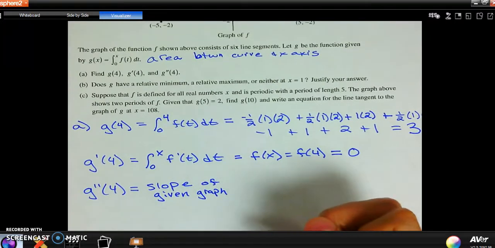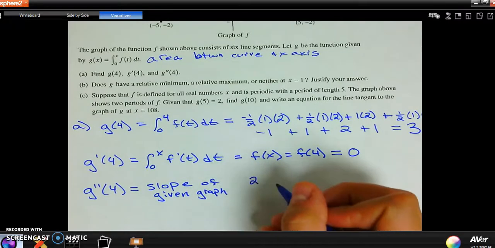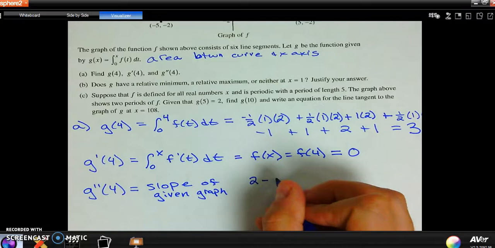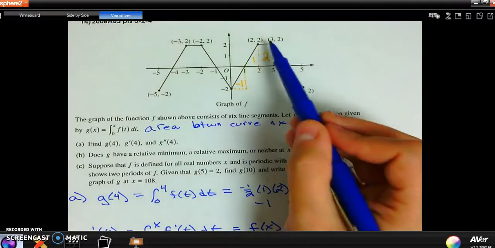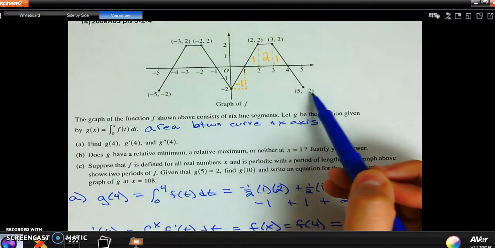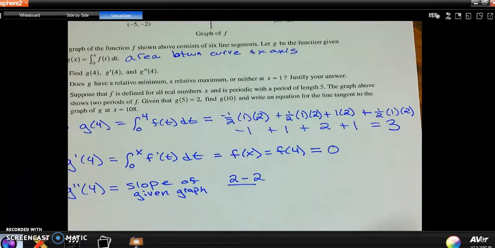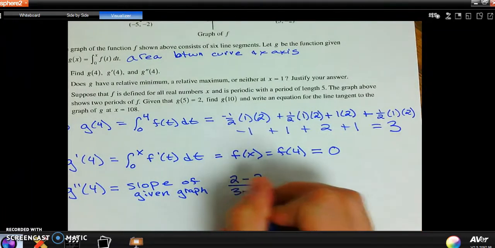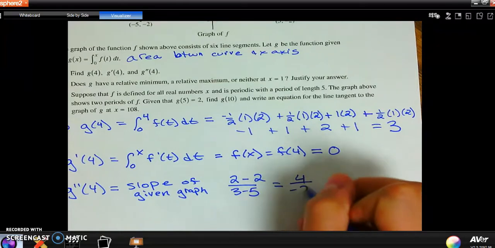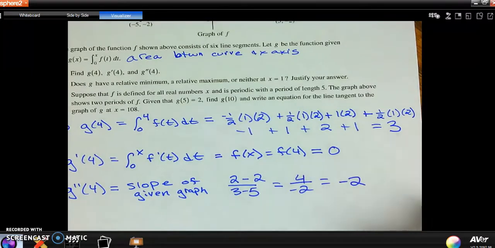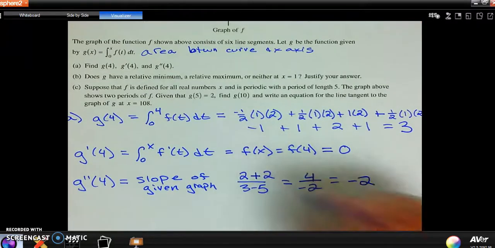I'm going to do 2 minus a negative 2, because I'm using this point and this point, so this was my x1, y1, x2, y2. It doesn't matter the order, but I did it this way. And that's 3 minus 5. So that's going to give you 4 over negative 2, which is negative 2. Oh, sorry, this is supposed to be a plus 2 there.